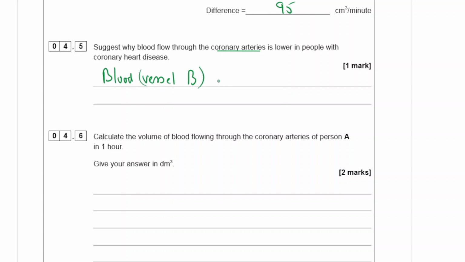Put that. Arteries are blocked, right? That would give you the mark, but I'm going to continue.